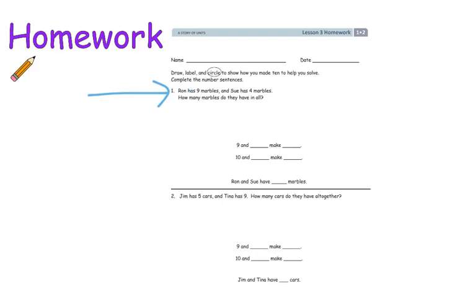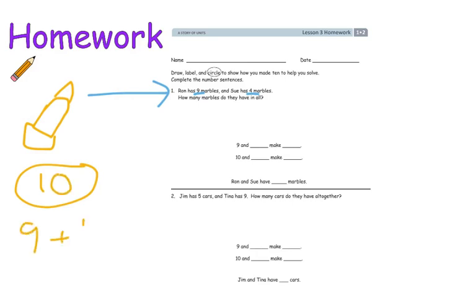And this problem says Ron has 9 marbles and Sue has 4 marbles. So we have 9 and 4. How many marbles do they have in all? So again, your steps are to draw. Ooh, that's not a good pencil. Draw your picture. Make your group of 10.